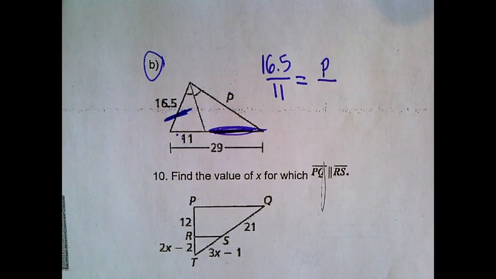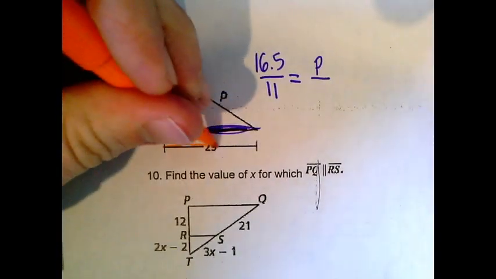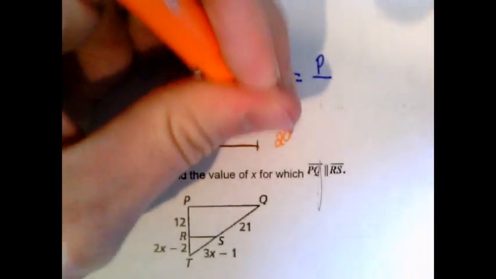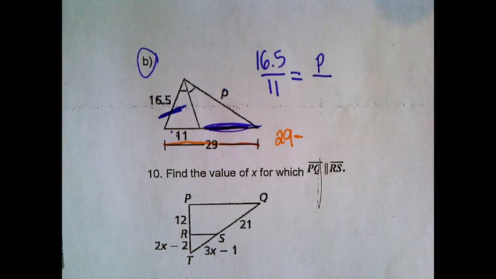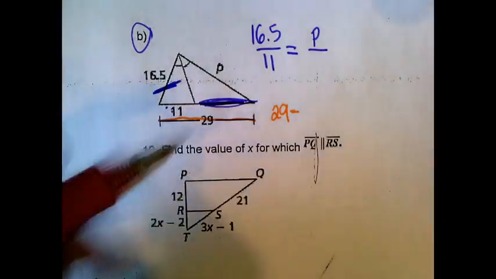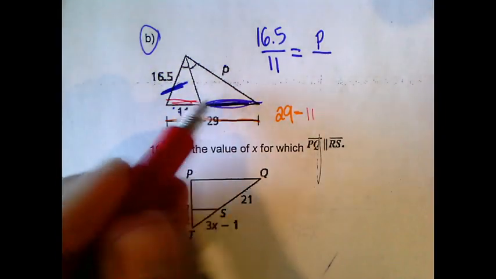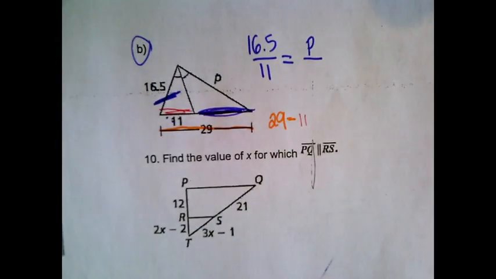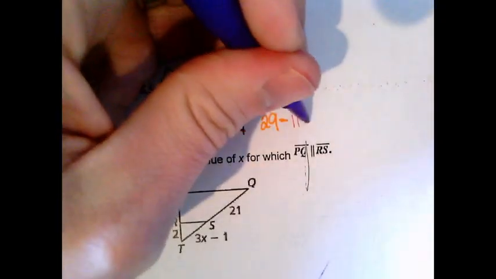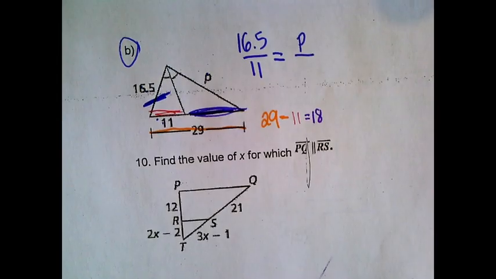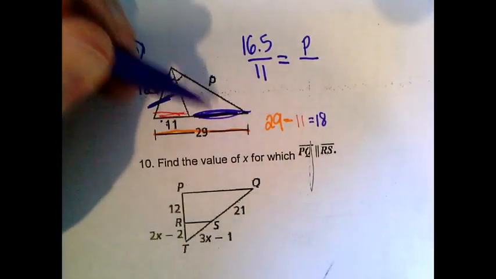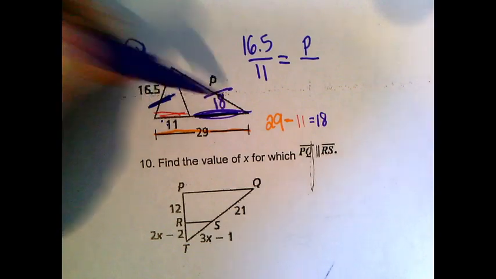Well, if I know the whole line is 29, here's the whole line, 29, and I subtract out this part, if I do orange minus red, that'll give me the purple part, which is 18. So now I can do P over 18.